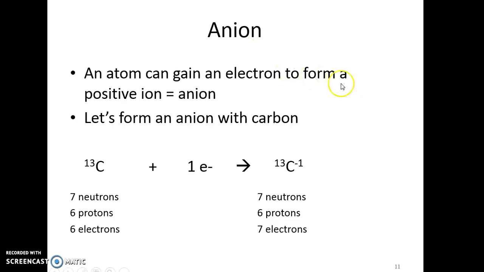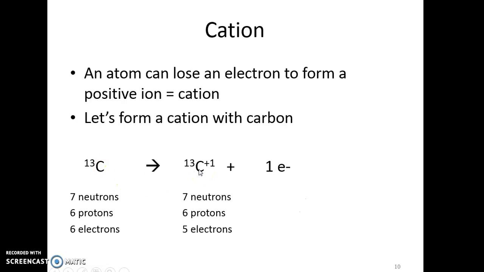Anions come about by the gaining of electrons. Here we're going to take that same atom and add an electron to it. Remember, this plus means these two are separate, just like before, where there's a carbon plus an electron somewhere else floating around.